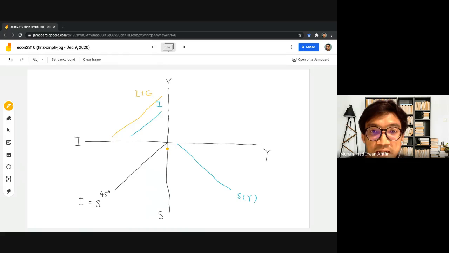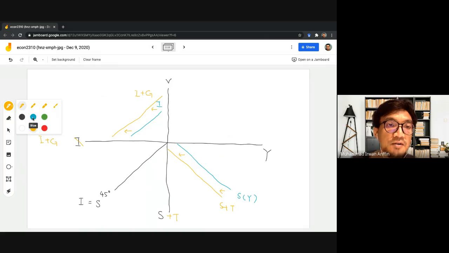Similarly, our saving plus tax would shift to the left. On the horizontal axis, we are no longer measuring investment alone, but investment plus government expenditure, and saving plus tax on the vertical axis in the bottom quadrant.